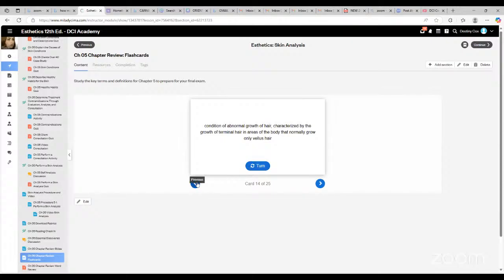All right, hirsutism, I want you to remember excessive amount of hair growth that covers a body part that normally would not have that much hair. And now we have hypertrichosis. It's a condition of abnormal hair growth. So now you have hair growth in areas you normally would not have hair.